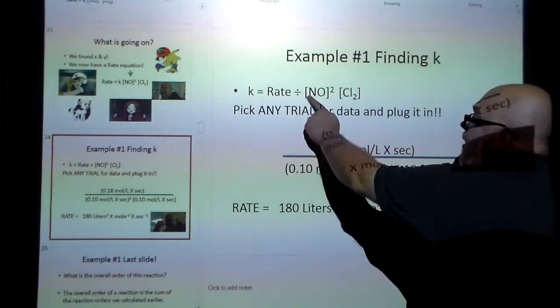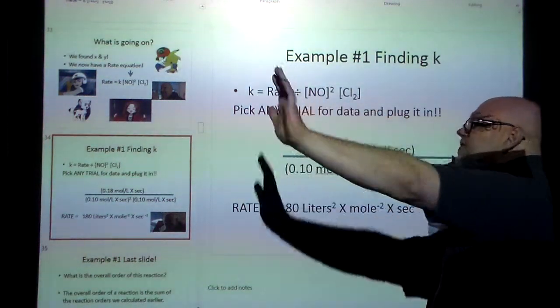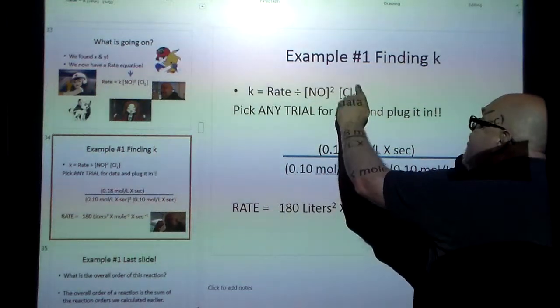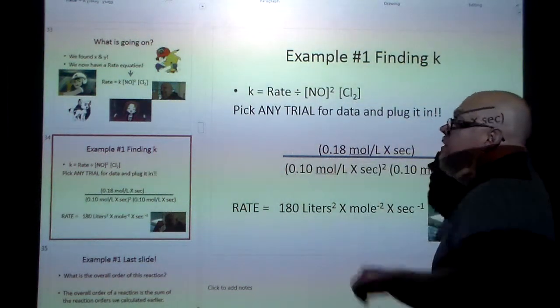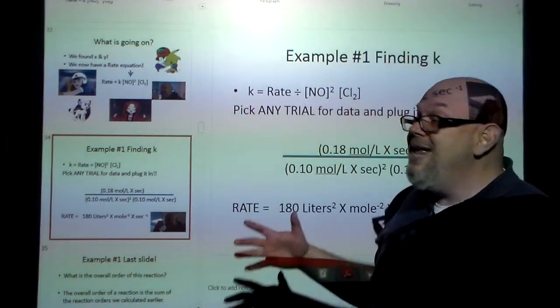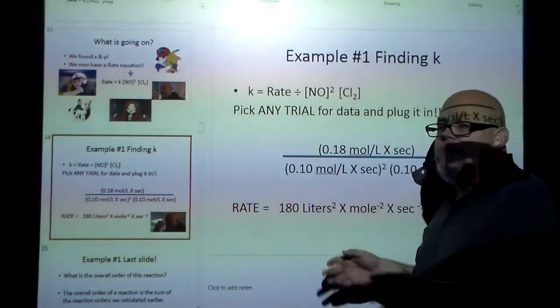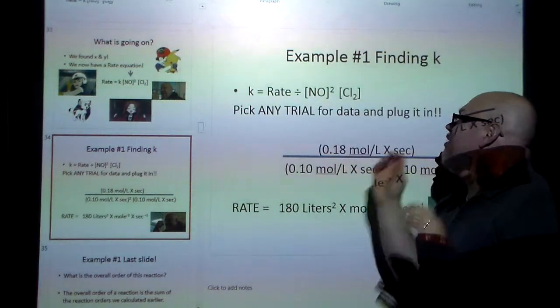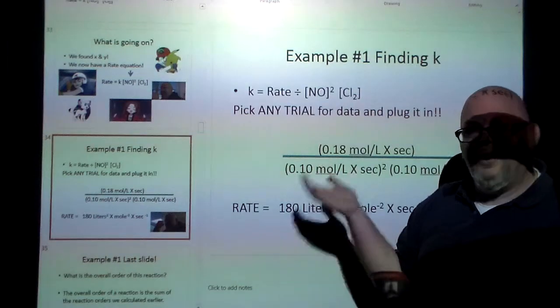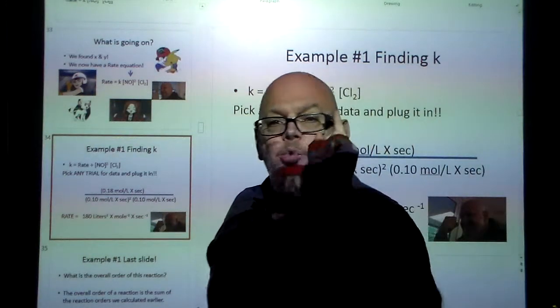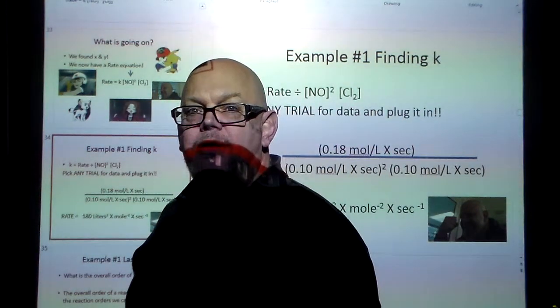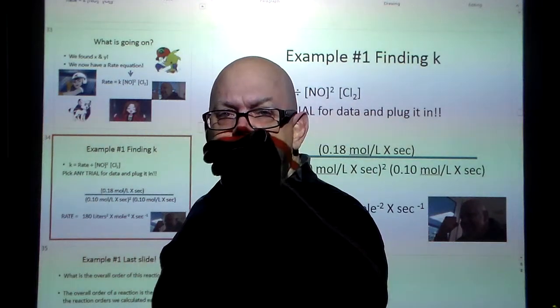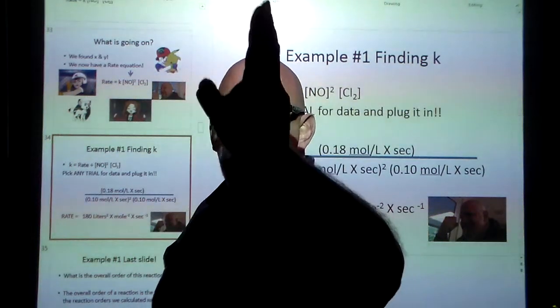We know that NO is going to be squared, and the Cl2 is going to go to the first power anyway. The beautiful part is we get to pick any trial for our data and plug it in, because it won't matter which trial you pick. You will come out with the same number.